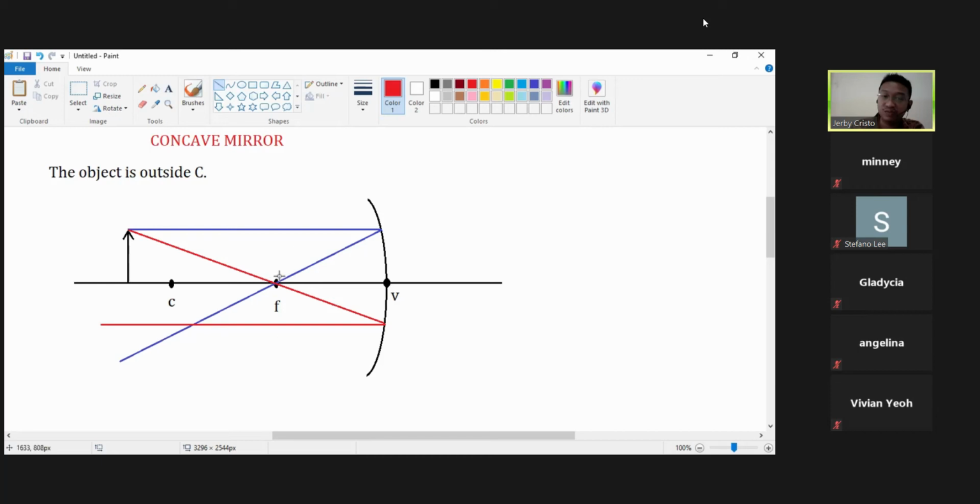Look for any point of intersection of the two reflected rays. If you can annotate, try to mark the point of intersection. Okay, yes, that's the point of intersection.